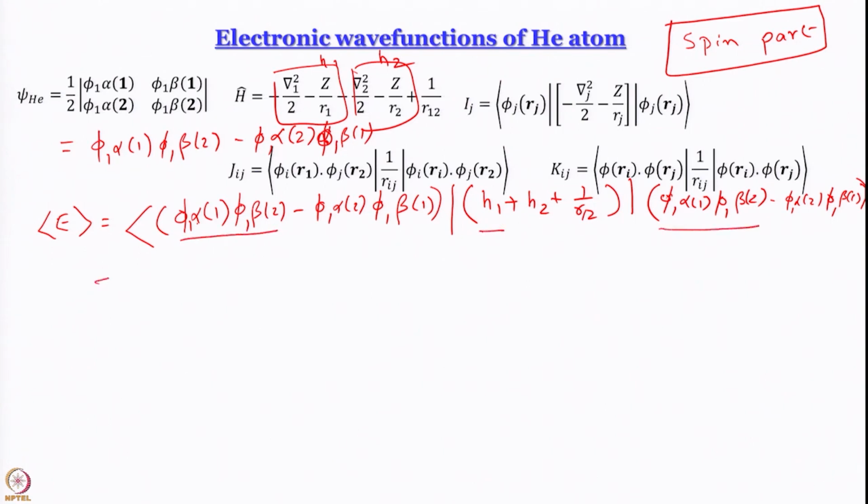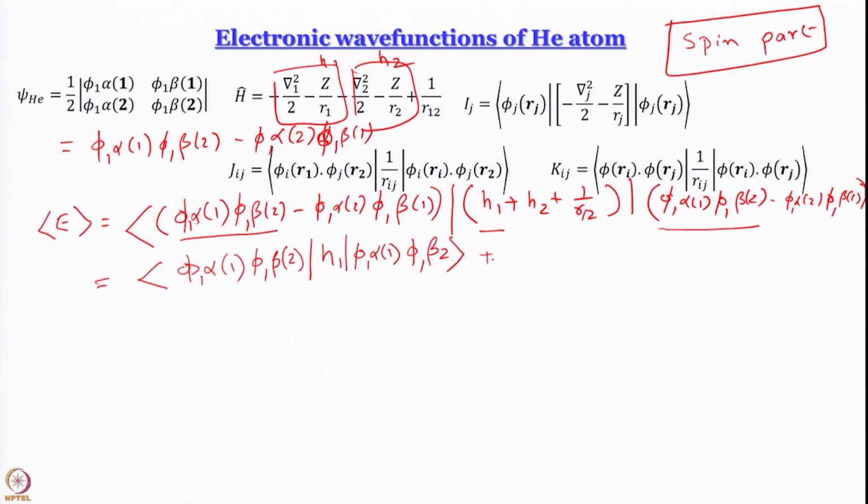So the first term is going to be something like integral phi 1 alpha 1, phi 1 beta 2, H1 operating on the same wave function phi 1 alpha 1, phi 1 beta 2, plus there will be more terms, we will perhaps write 1 or 2 of those.